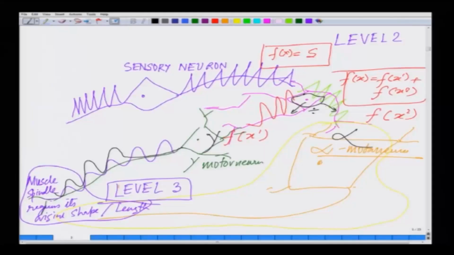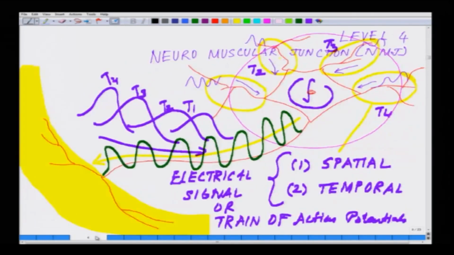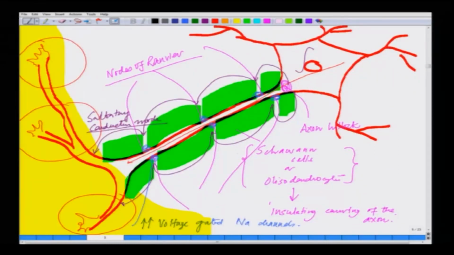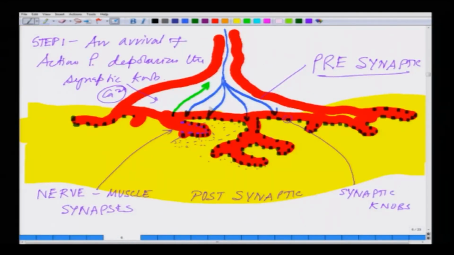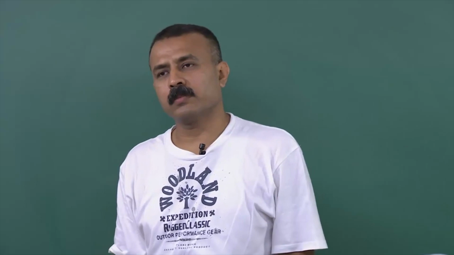Whereas, in the case of alpha, these electrical signals travel along the alpha motor neurons, as I was showing you out here, without getting lost. They travel out here, and after reaching here, they depolarize the membrane by allowing the entry of calcium into the cytoplasm.